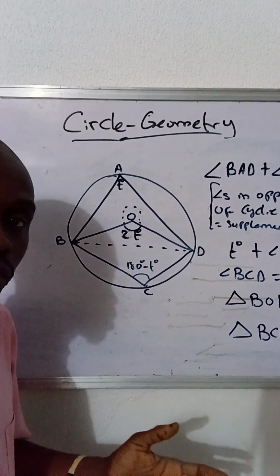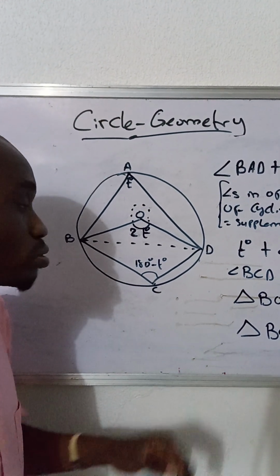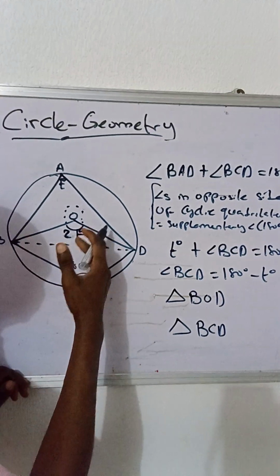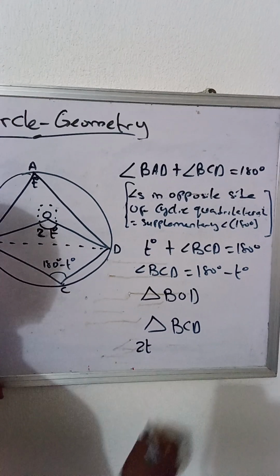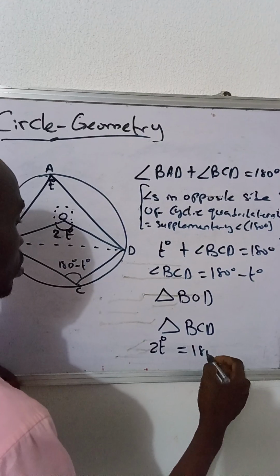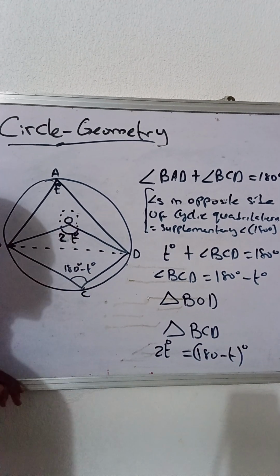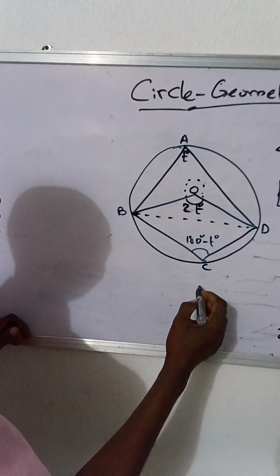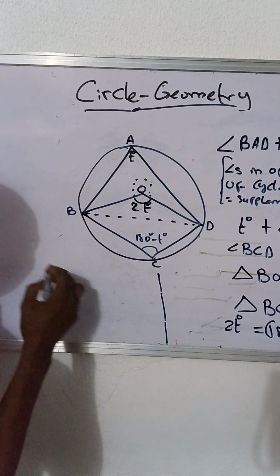the rhombus property says that opposite angles are equal. So we have 2t degrees equals 180 minus t degrees, right?